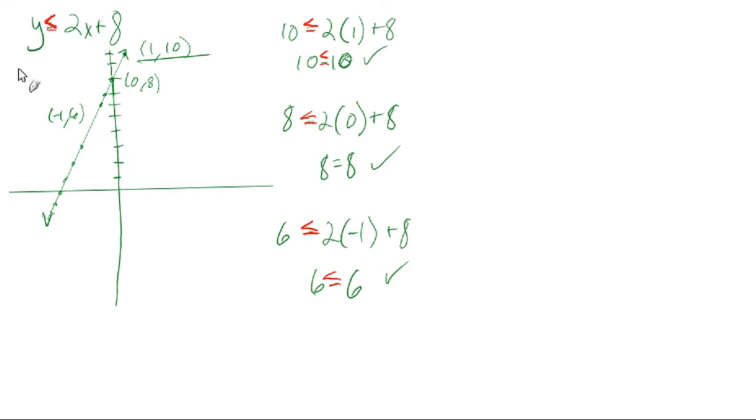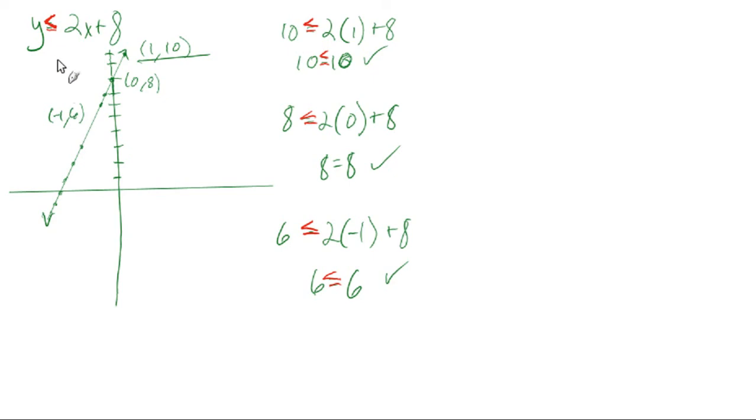But what if we want this side to be less than this side? Well, this side is what makes the line. When we use this information, that's what tells us what the line looks like, right? So right on this line, if we put in x values all along here, the y's will come out to be right on that line.